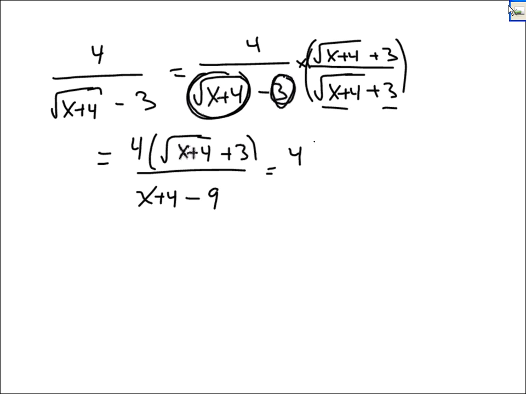So you get 4 times the square root of x plus 4 plus 3 divided by x. You add 4 and you take away 9, you took away 5. And there's the answer. That completes this section. Good luck with it.